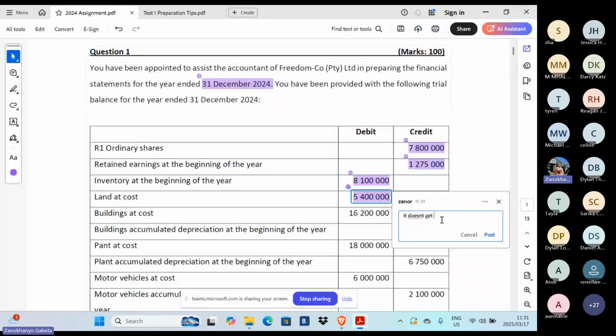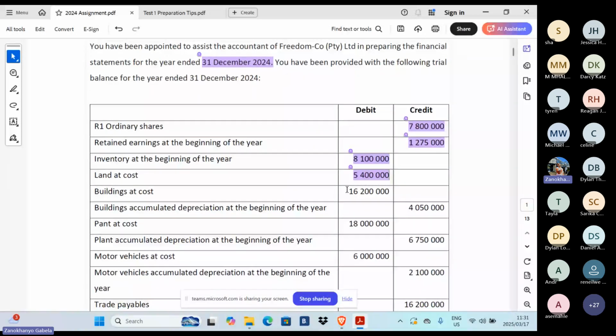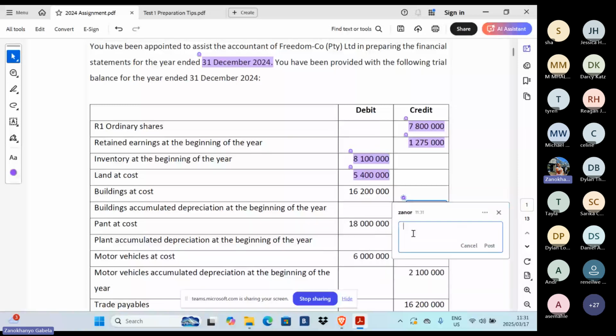Land, it doesn't get depreciated. Okay. And then buildings at cost, right? Then buildings accumulated depreciation at the beginning of the year. Okay. So that means the CV at the beginning of the year will be cost minus this amount. And then you move on.